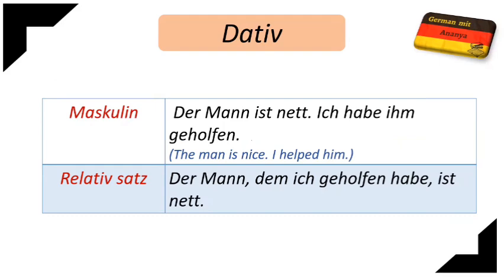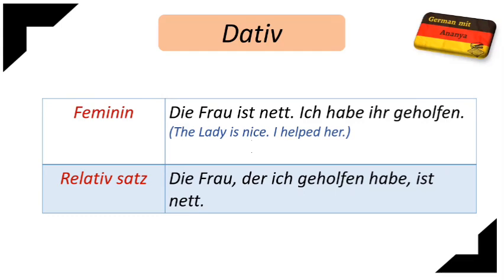So it will be like: Der Mann, dem ich geholfen habe, ist nett. So basically you have to keep the common nouns together, right? So der Mann, comma, dem ich geholfen habe, because this is a Nebensatz, then comma, then you can write the rest of the sentence, which is nett.